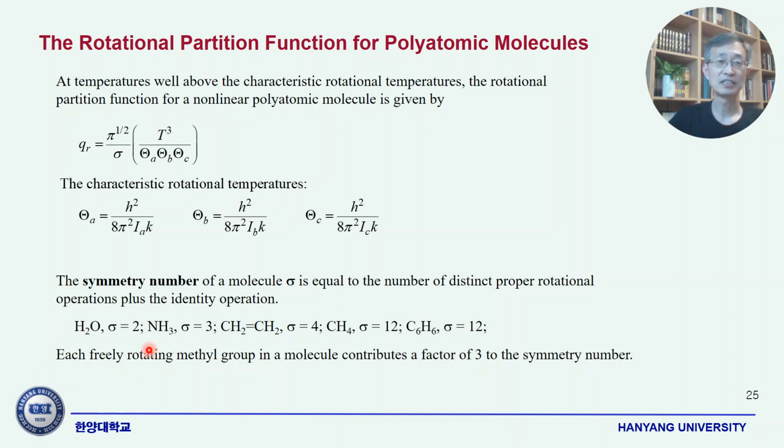For ammonia it is a 3-fold rotation, so σ is 3, for ethylene it's 4, for methane it's 12, because each CH axis has 3 different indistinguishable orientations. Benzene is 12.